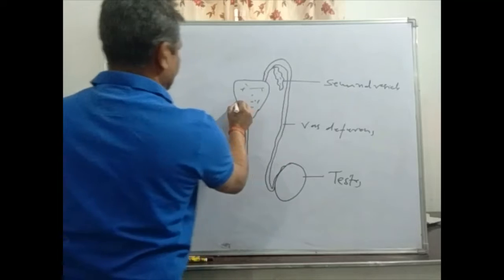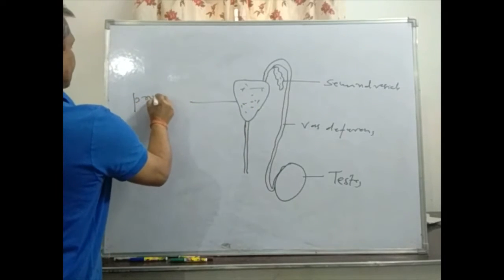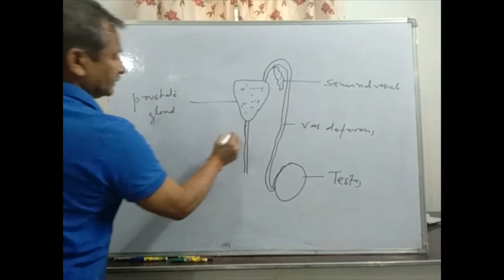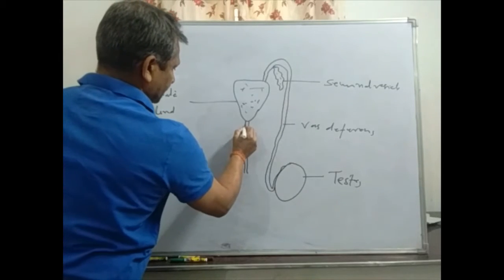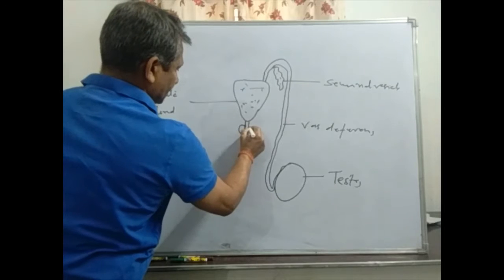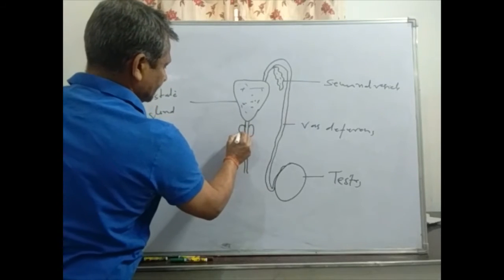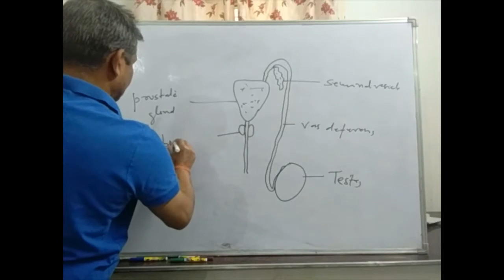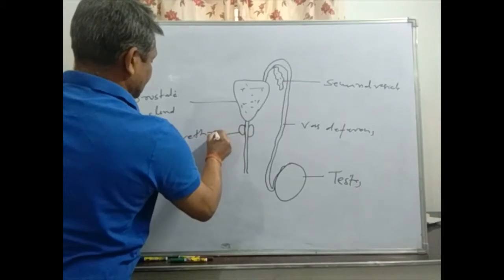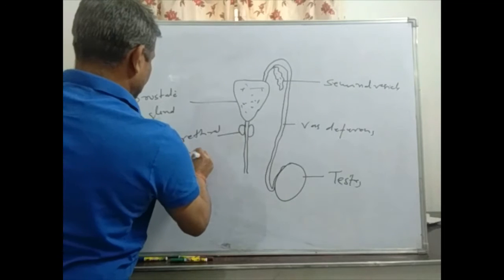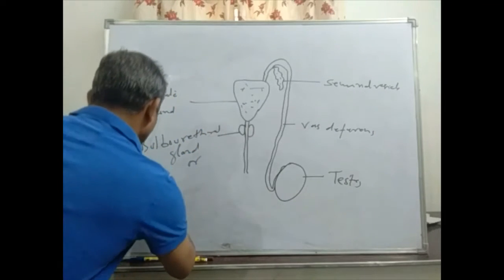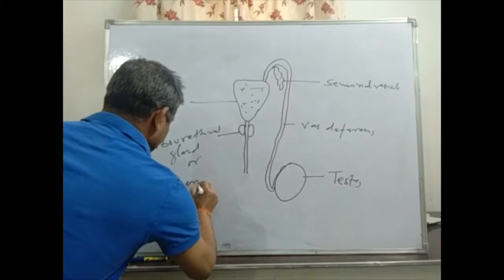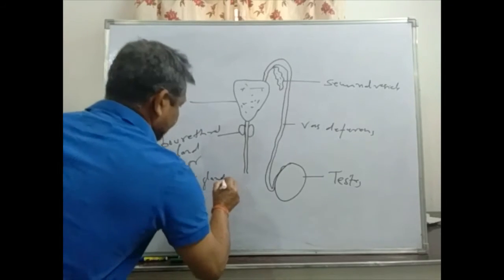This is the prostate gland, and one more important structure is the bulbourethral gland, or Cowper's gland.